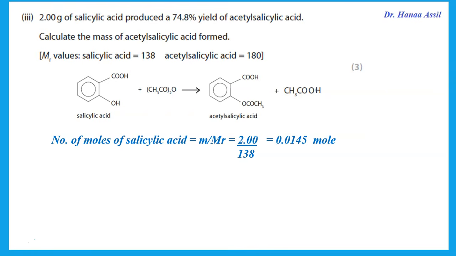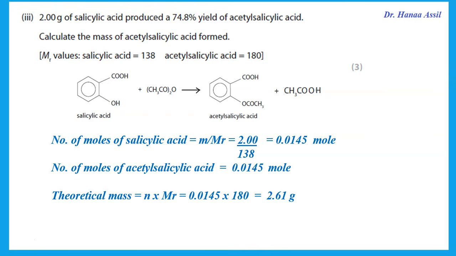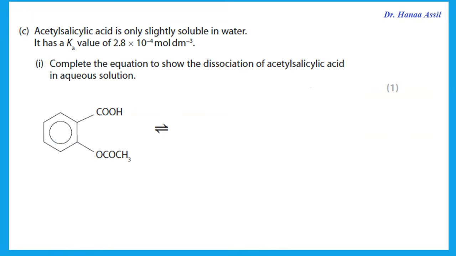Now, from the equation, I should end up with the same number of moles of product. It's a 1-to-1 ratio. And that means that the mass I should get is 2.6 grams. But we're told that we got only a 74.8% yield, and that means my actual mass obtained is 74.8% of that. So that is 1.95 grams.